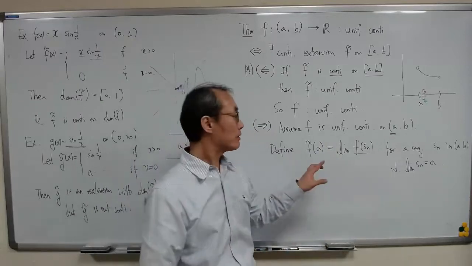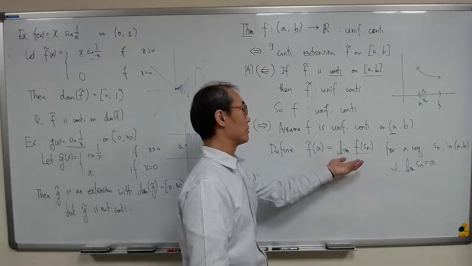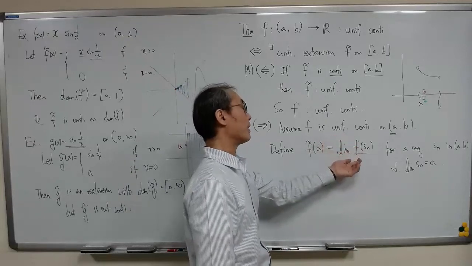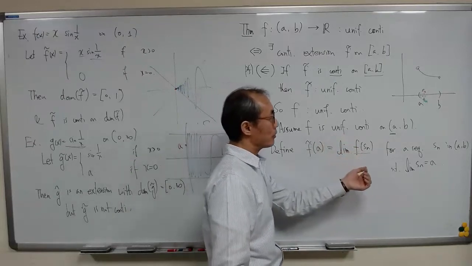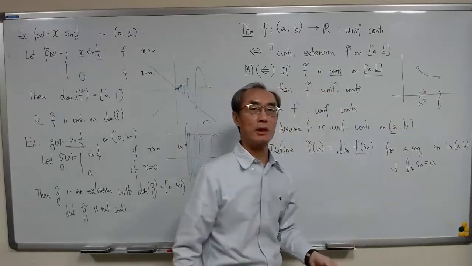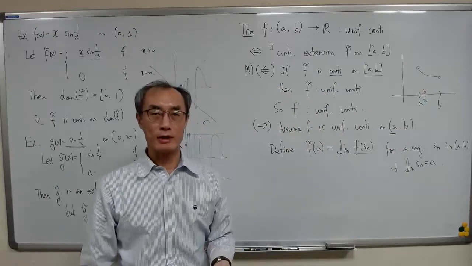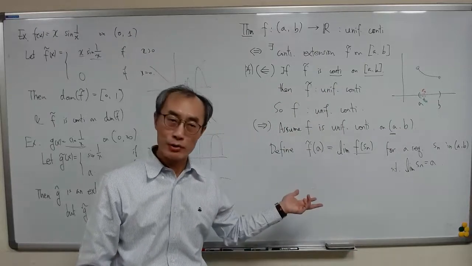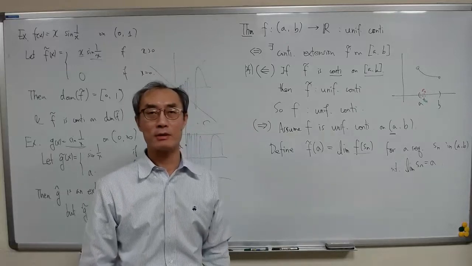Is that kind of approach a valid way of definition? If you define some concept or some function or some value with this kind of ambiguity, you need to prove the well-definedness. Okay, this is where you need to prove the well-definedness.